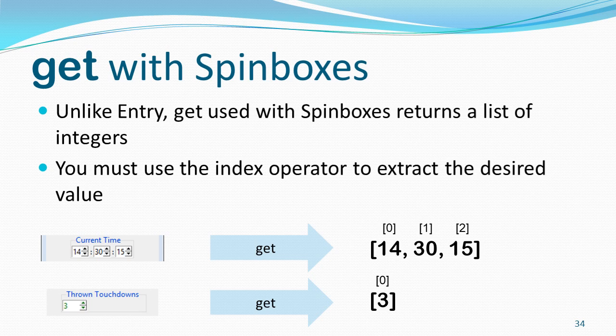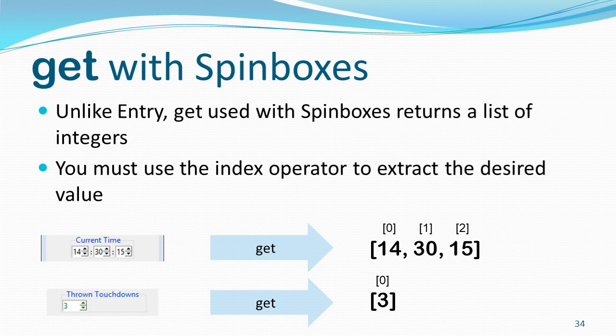For example, if current time is what you see on the left, if we use get on that, we would return a list with 14, 30, and 15. So if we wanted the hour, we would have to use the index operator of 0. The minute would be index operator of 1, and the second will be index operator 2.